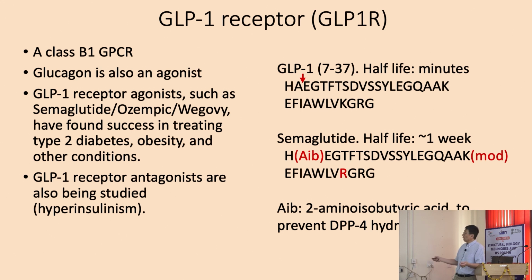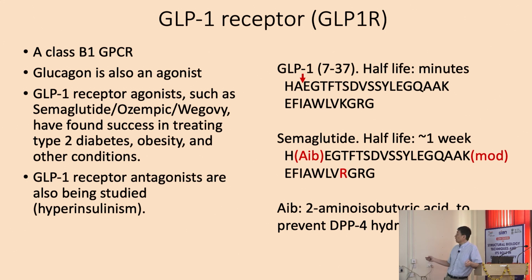They only made 3 changes to the peptide. They changed alanine to 2-amino isobutyric acid, basically alanine with 2 methyl groups on the side chain. The L and D methyl groups are both there. By having both methyl groups, DPP4 can no longer cleave here. That's how you prevent proteolysis.